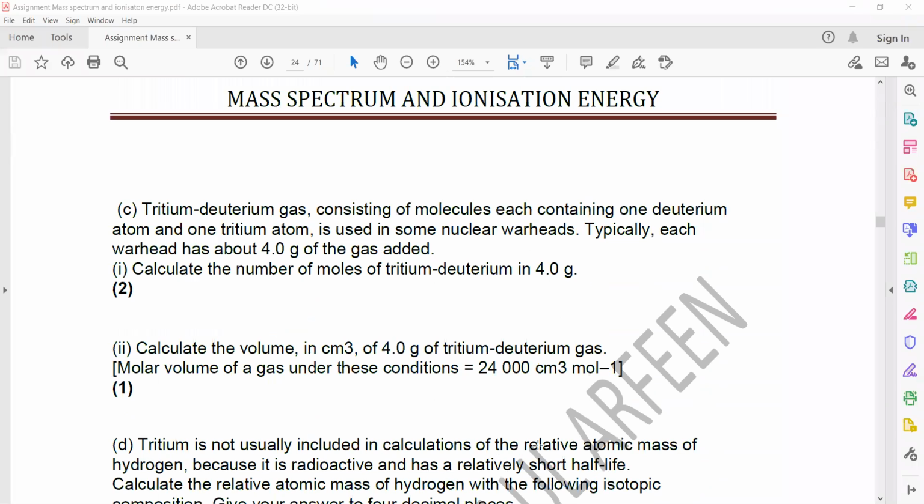Because it contains deuterium and tritium, it is 2 and 3, so the total mass of this gas of hydrogen isotopes will be 5. So we get 4 by 5, which is 0.8.